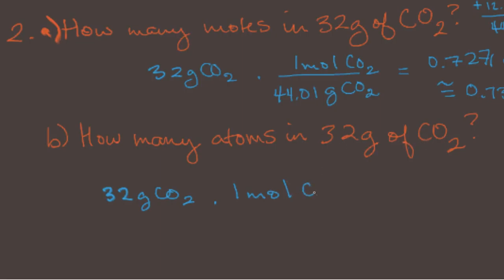Then you would have to first go to moles, because that's your SI unit for the amount of stuff that has this many atoms of Avogadro. But first we have to do the 44.01. And then the SI unit conversion to Avogadro's number from moles. That's what allows us to go from moles of carbon dioxide to Avogadro's number.